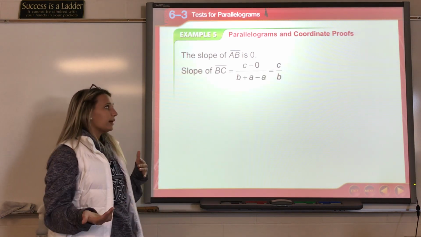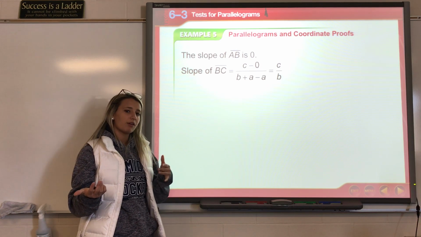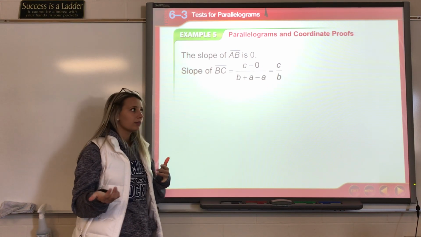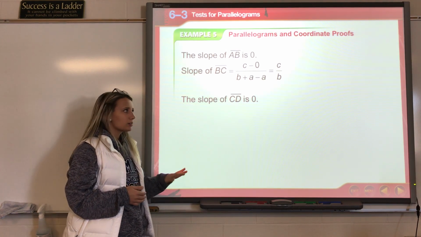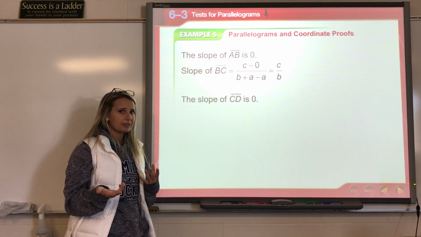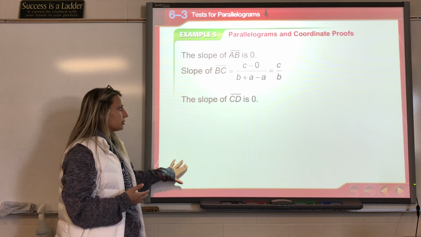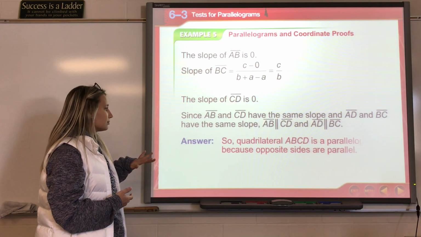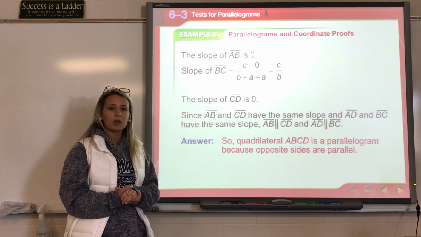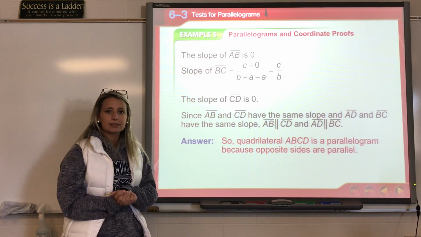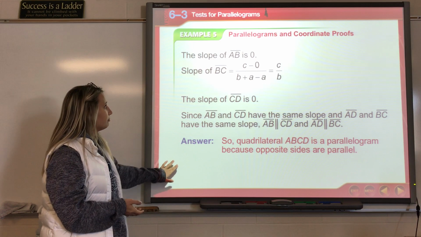Now BC is also C over B, that's our slope. And then the slope of CD is 0. So it's looking like we're getting opposite sides that have parallel slopes. And there we have it. Since we have parallel slopes of the opposite sides, we have a parallelogram.